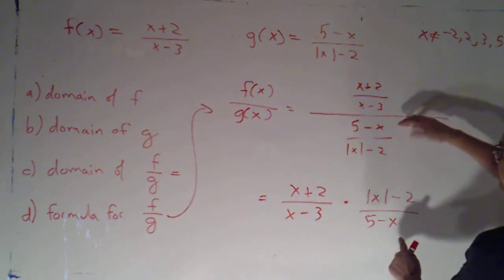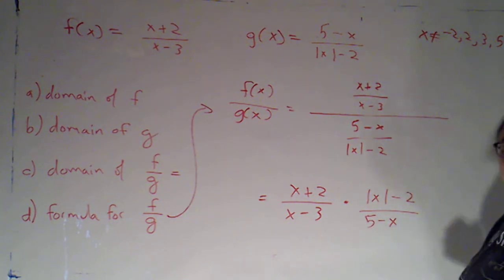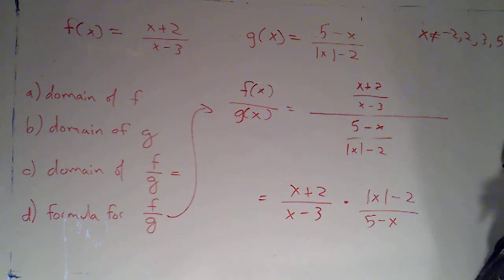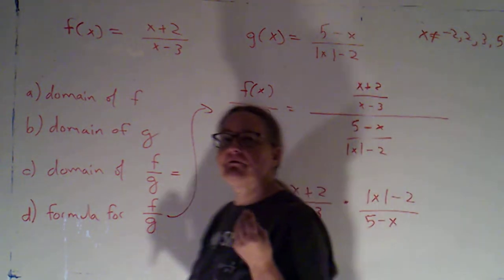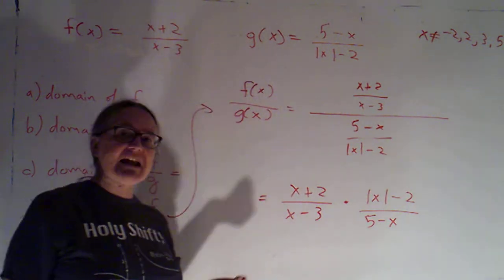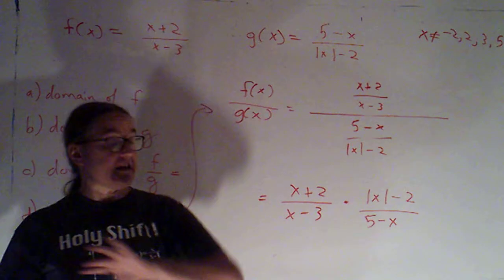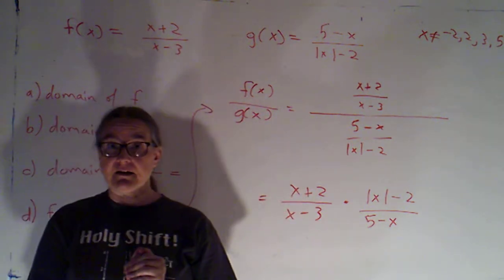Because when I flipped in order to multiply by the reciprocal, the absolute value of x minus 2 got bumped out of the denominator. Now, usually when we're writing functions, it's understood that the domain of a function is the natural domain. The natural domain is just everything that you can plug in.